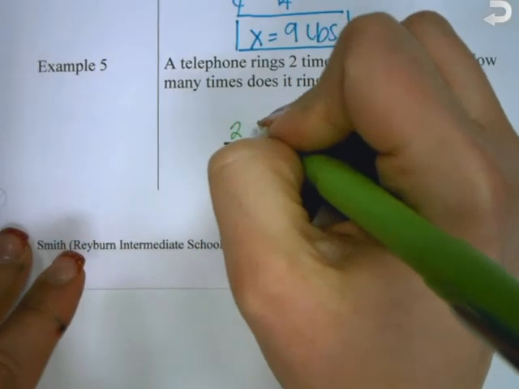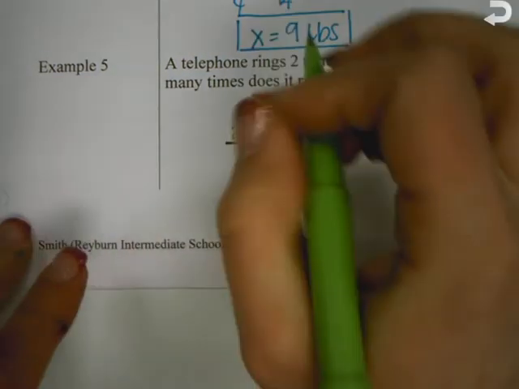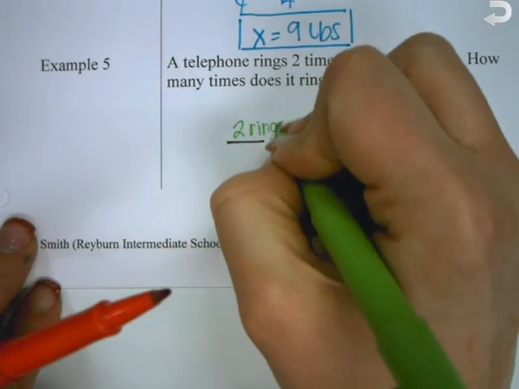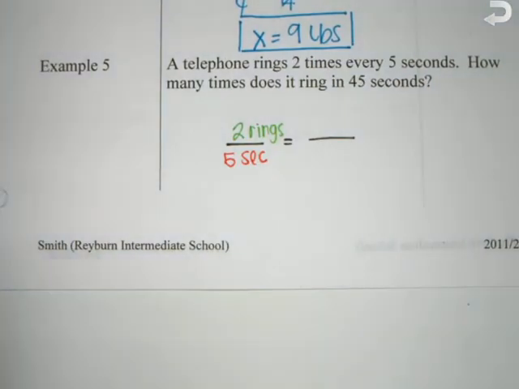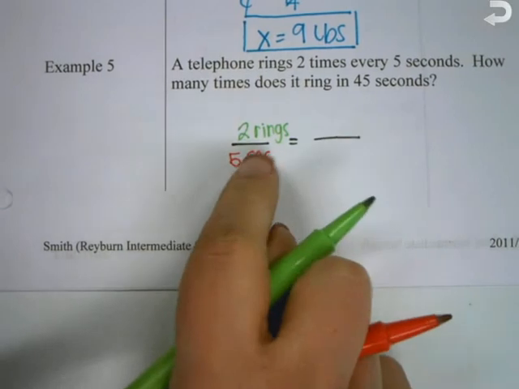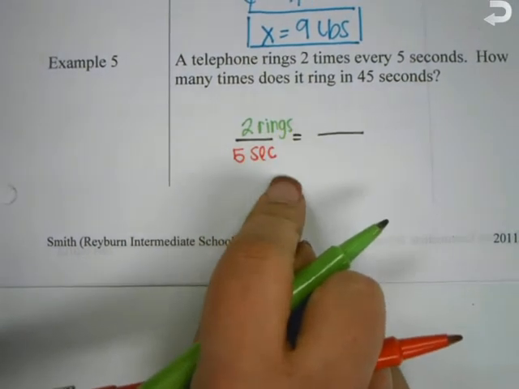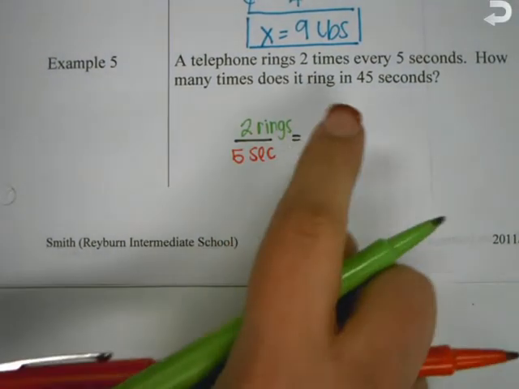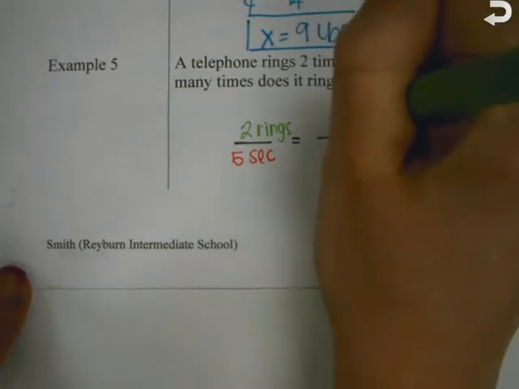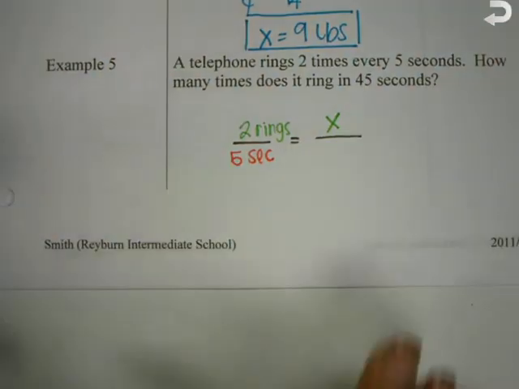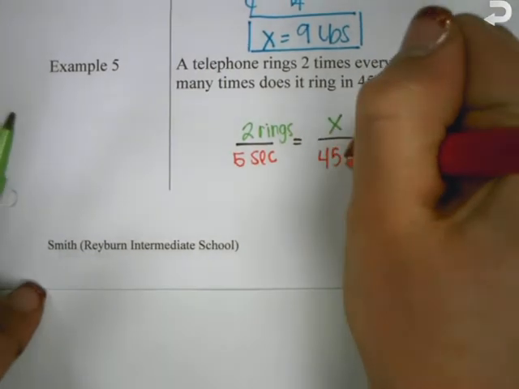Okay, and then what did you put on the right-hand side? Very good. You put X on top because we don't know how many rings. And 45 seconds on bottom. Good. Okay, what is my next step? Hannah, what's my next step? Your next step is to multiply the bottom number on the left by x and then the top number on the left by 45.